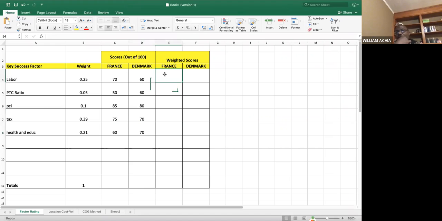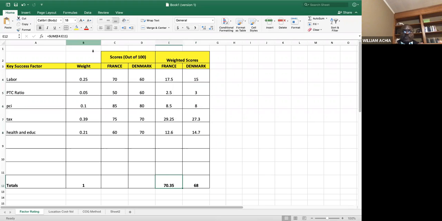Okay, so the weighted score just basically asks that you multiply the weight by each country's score and come up with a number. That multiplied by that. Okay, and then I'll drag my formula down and finally sum up both of these.